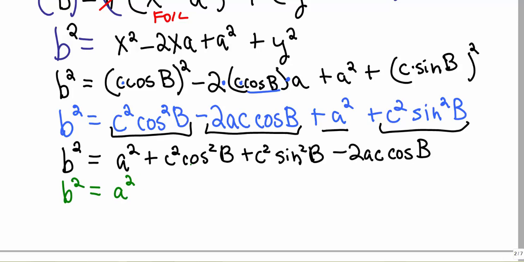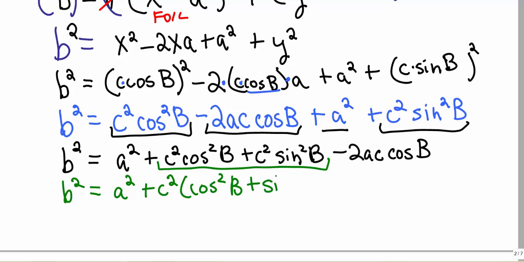When I look at these two terms, I notice that they both have a c squared in common, so I'm going to factor out c squared. That leaves us with cosine squared b plus sine squared b in the parentheses. As soon as we do that, we notice that we have a Pythagorean identity.